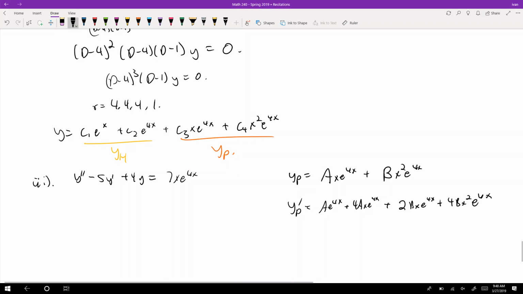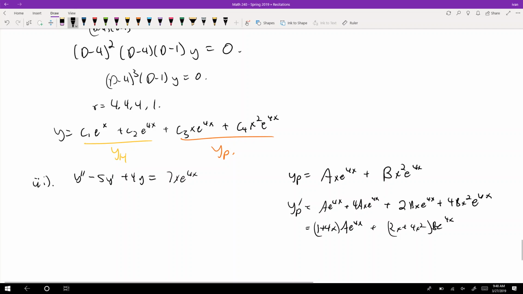Okay, so that's the product rule on b. And we're going to combine these terms just to make the calculation a little simpler. This is (1 plus 4x) a e to the 4x plus (2x plus 4x squared) b e to the 4x.